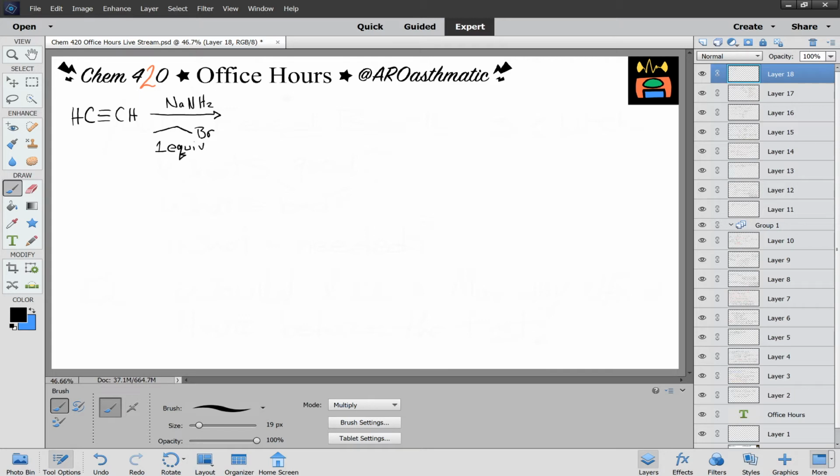If we use more than one equivalent, the sodium amide will deprotonate the other half of the acetylene and we'll end up adding 2 ethyl R groups. We don't want to do that because we want the second H available for the second part of the reaction. All right, but using one equivalent, we'll put one ethyl group on one side of the acetylene molecule. And then in the second step, we're going to do the same thing, sodium amide.